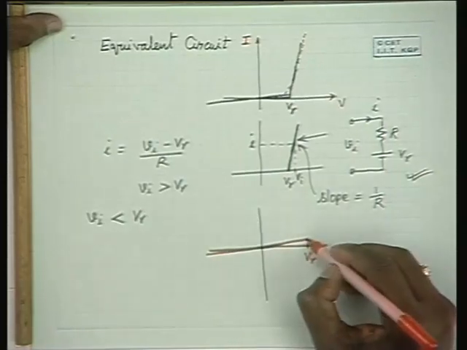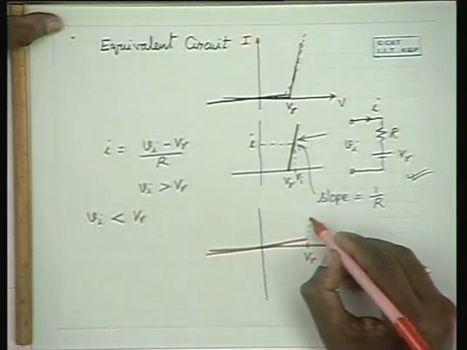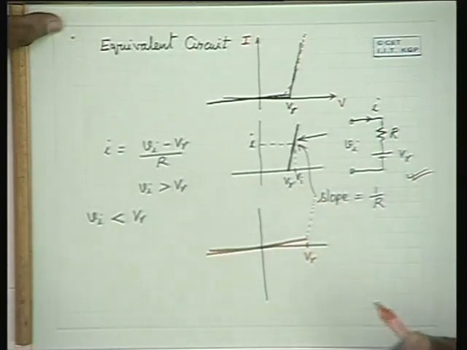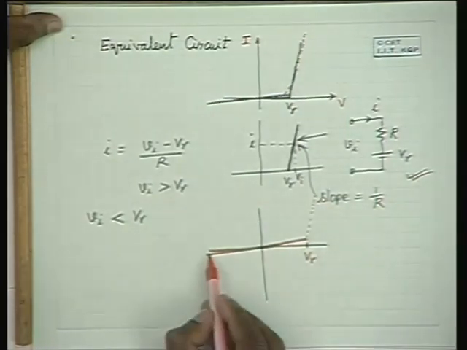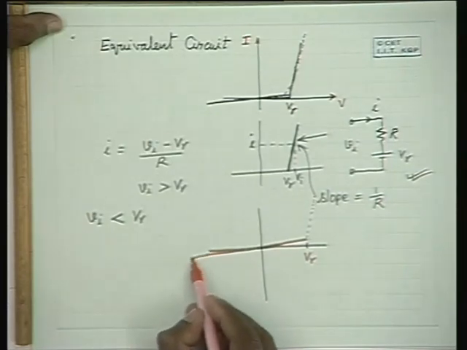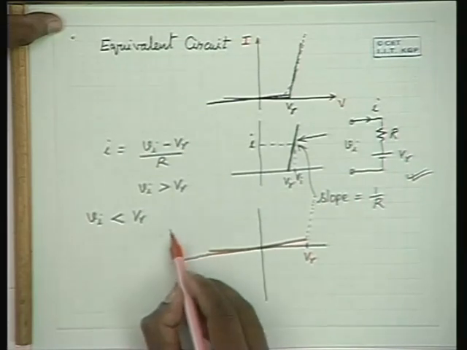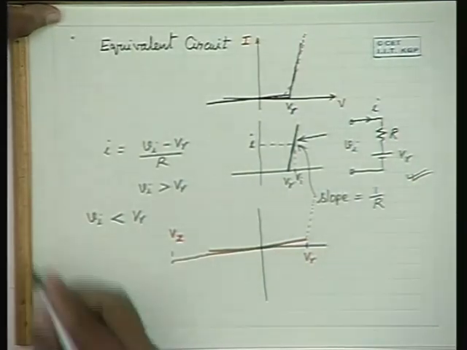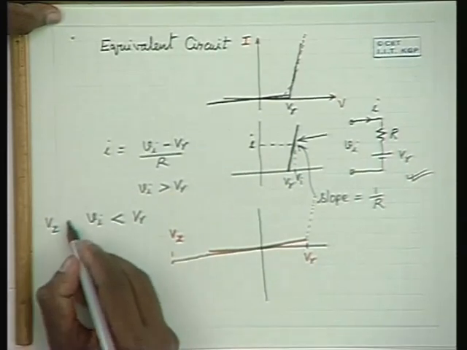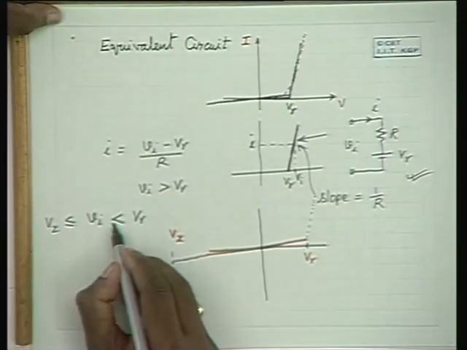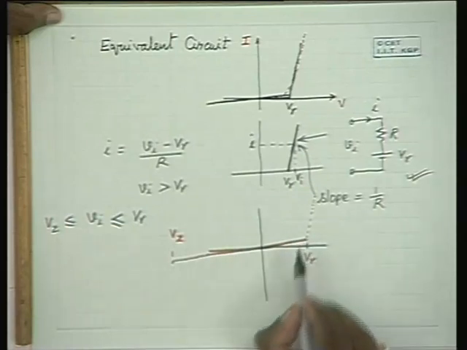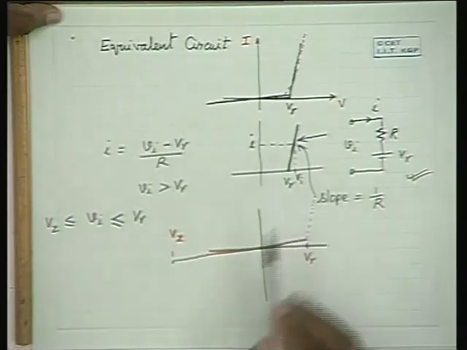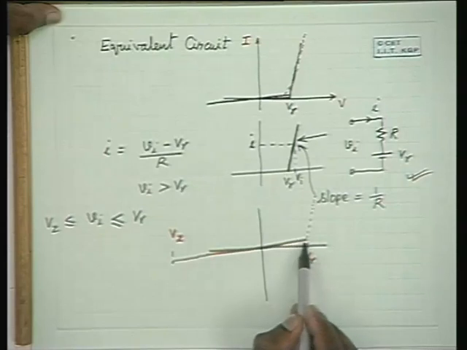Beyond that it is represented by this straight line. And on the negative side, up to what voltage is this applicable? Up to a voltage of Vz, the breakdown potential. So when Vz is less than or equal to Vi less than or equal to V gamma, this is the straight line equation. The diode characteristic can be approximated by this straight line equation.